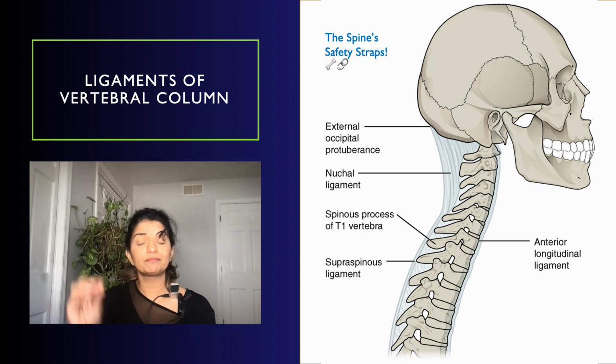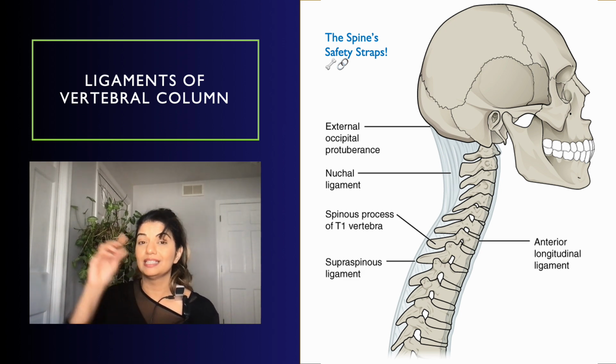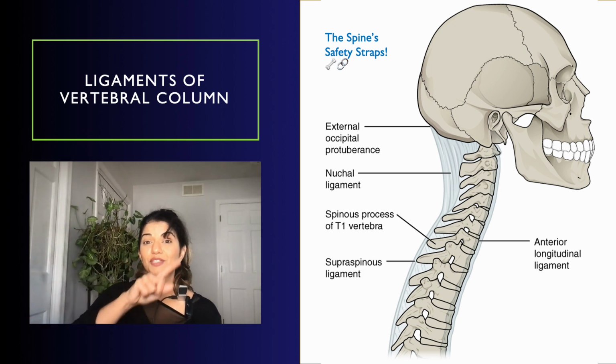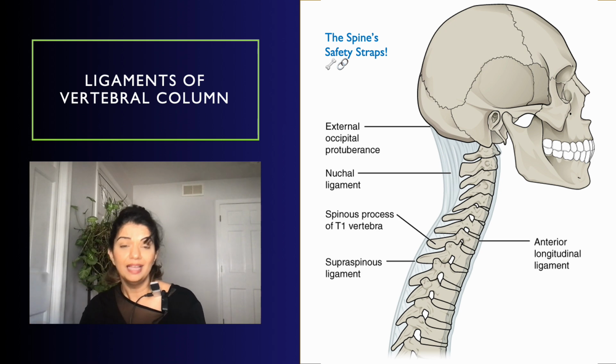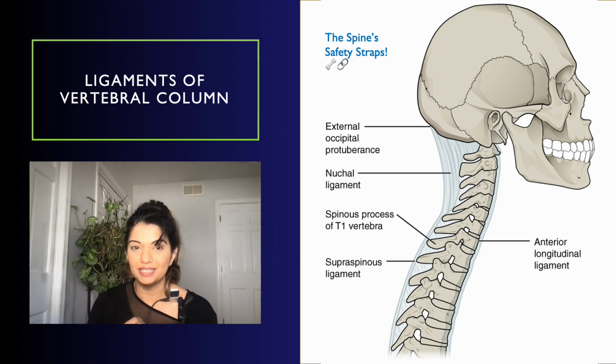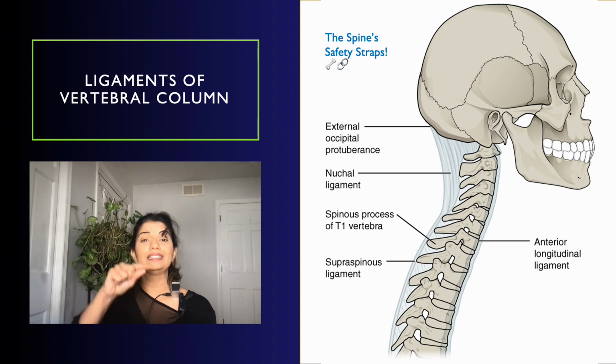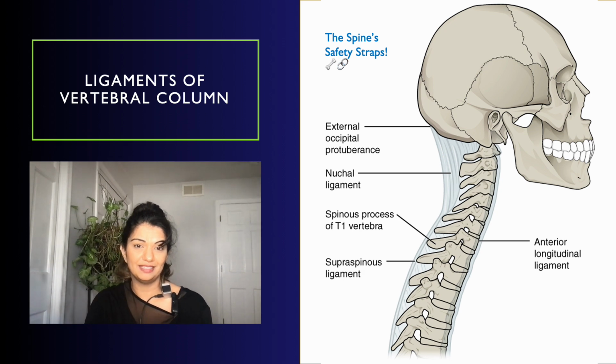Then we've got something called interspinous and supraspinous, and the name should tell you everything. Interspinous ligament, this runs between spinous processes, right, between one vertebrae and the other. And then supraspinous ligament, it runs actually along the tips of the spinous processes.